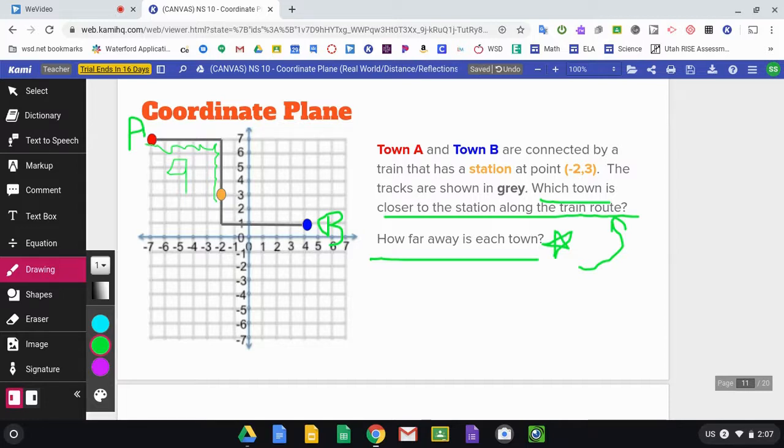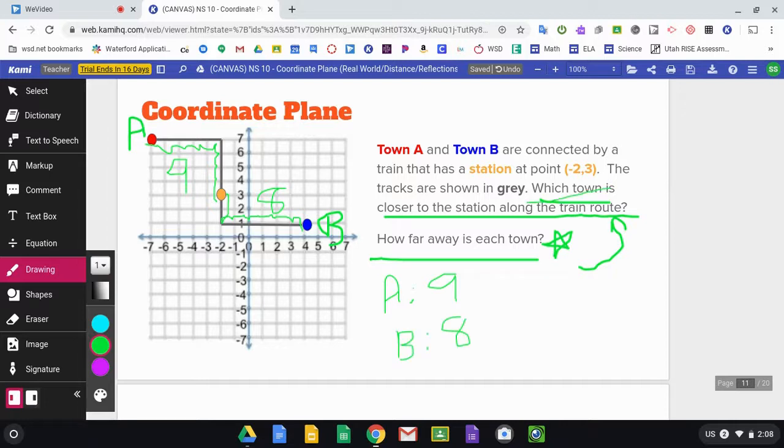And town B, 1, 2, 3, 4, 5, 6, 7, 8 blocks away. So town A is 9 away. Town B is 8 away.